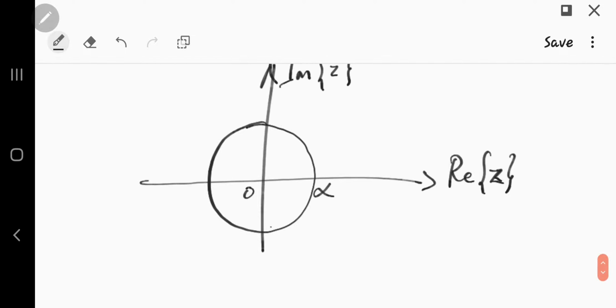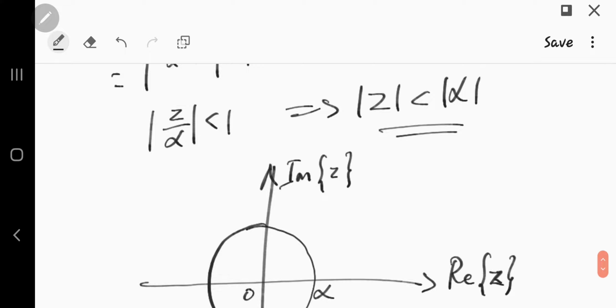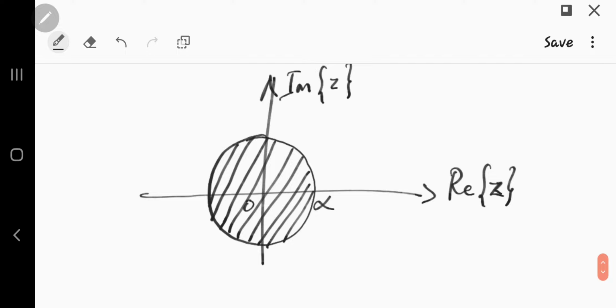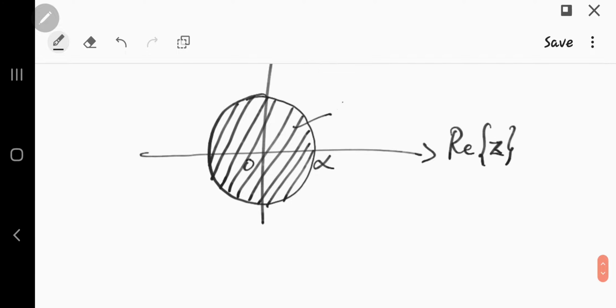Now this z value is less than alpha means this region of convergence will lie here. So this is ROC. Now if you remember the region for negative time sequence, this ROC is entire z plane except at z is equal to infinity.